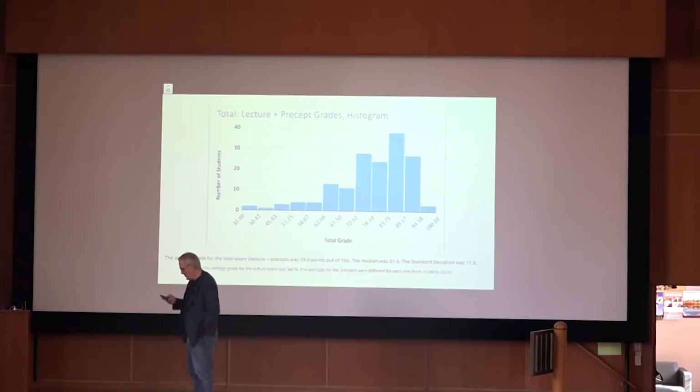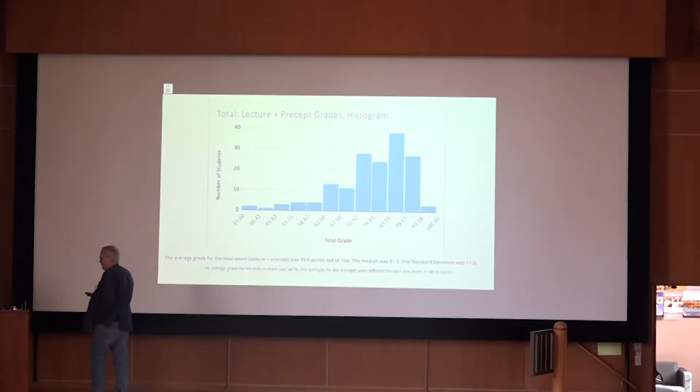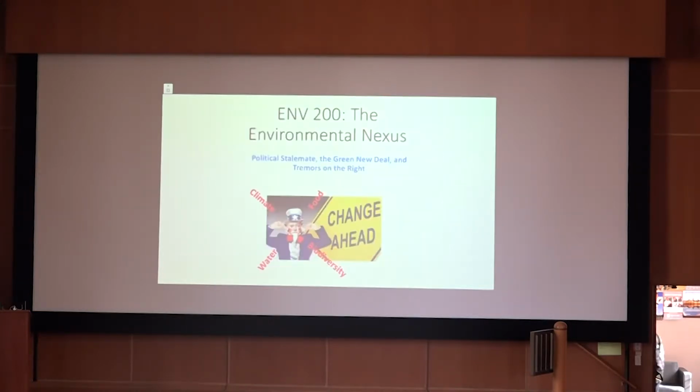All right, good. So now we're going to talk about the current situation in the world with respect to climate change. And we live in sort of interesting times here, I think. So we live at a time of political stalemate, the Green New Deal, and what I'm calling tremors on the right. You'll know all about the Green New Deal. I hope you've read the Green New Deal.